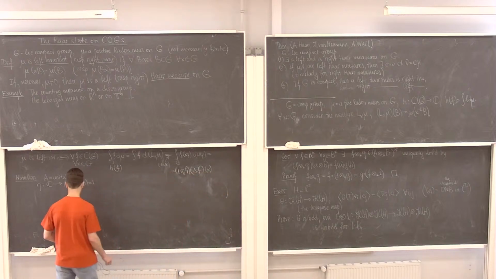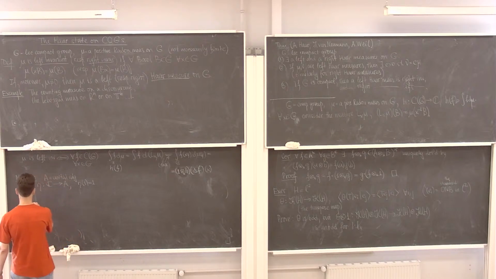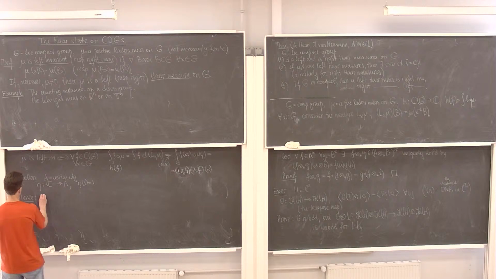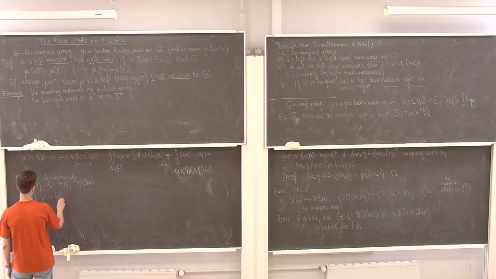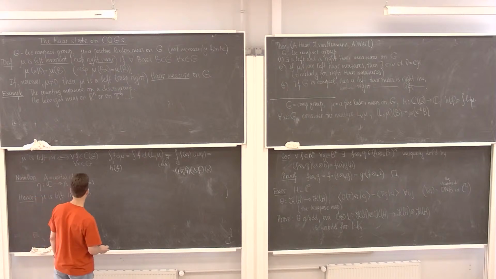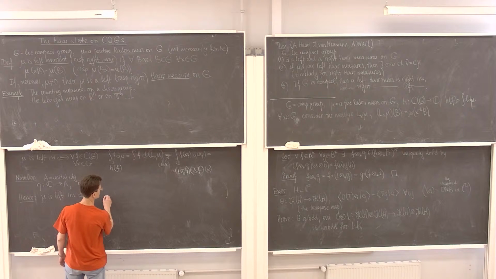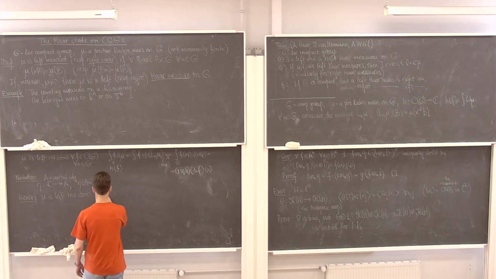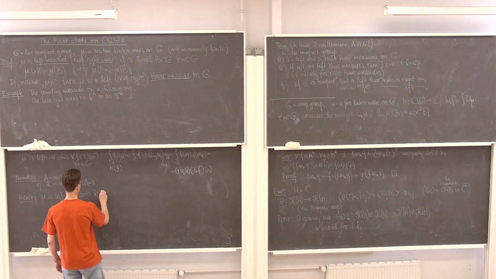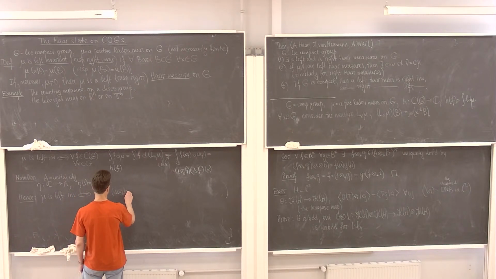Okay, so now this formula reads as follows. Hence, we deduce that mu is left invariant if and only if eta h equals (1 tensor h) composed with delta.